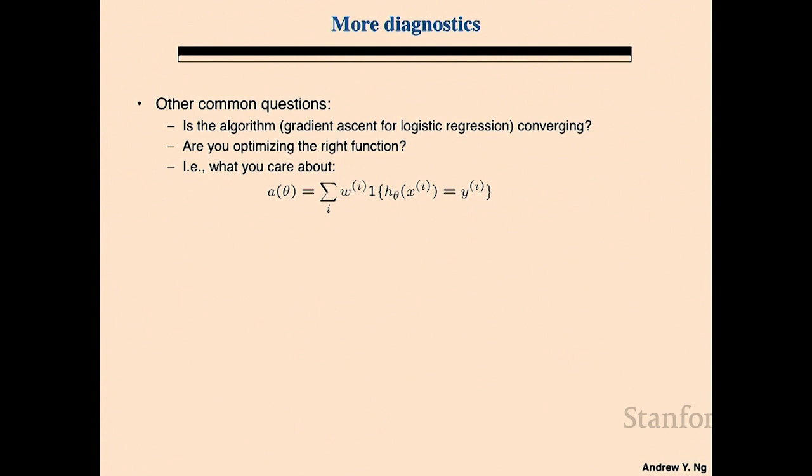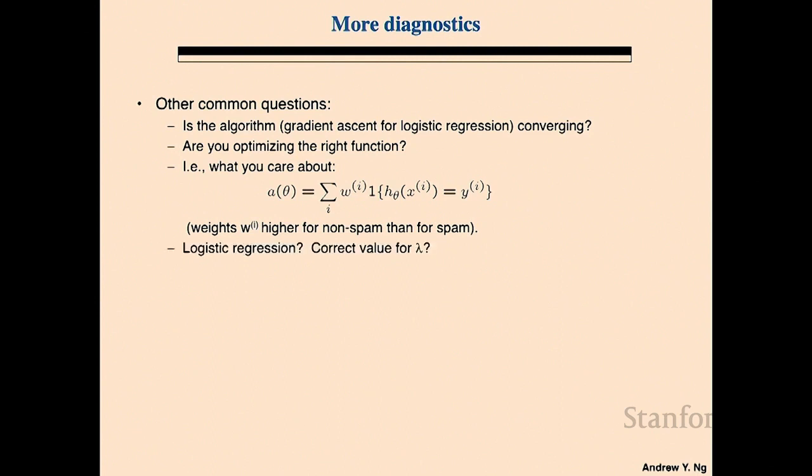What you care about is this weighted accuracy criteria, where it's a sum over your dev set or test set of weights on different examples of whether it gets it right, where the weights are higher for non-spam than spam, because you really want to make sure you label non-spam email correctly.